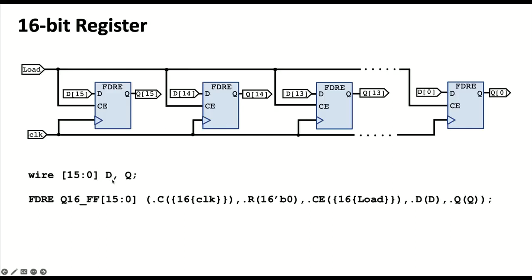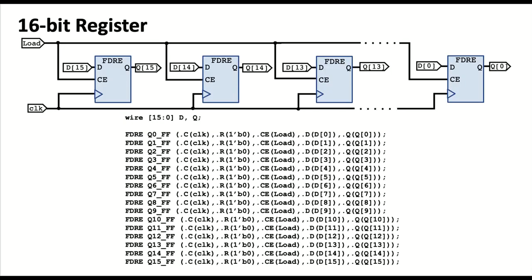Its input is the bus D. Its output is the bus Q. It has 16 loads. We're not doing any resets, so the resets are set to 0, and 16 clocks. Okay, that's a lot better than that, right? Don't do this.